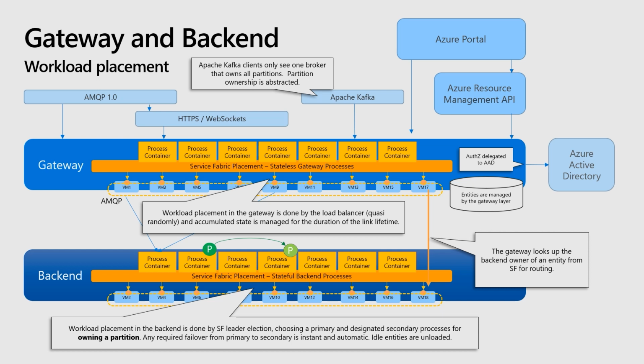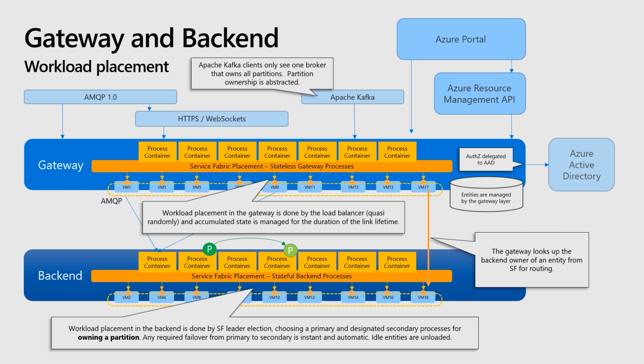and then we're going to go and act on that. The backend is different. The backend is the placement for those workloads happens through Service Fabric, where the partition is then owned by a process. So there are X partitions that exist in the cluster, all belonging to different event hubs. And as they get activated, meaning someone asks to get messages from them or someone asks to put messages there, then the partition gets activated and gets assigned to one of those processes.